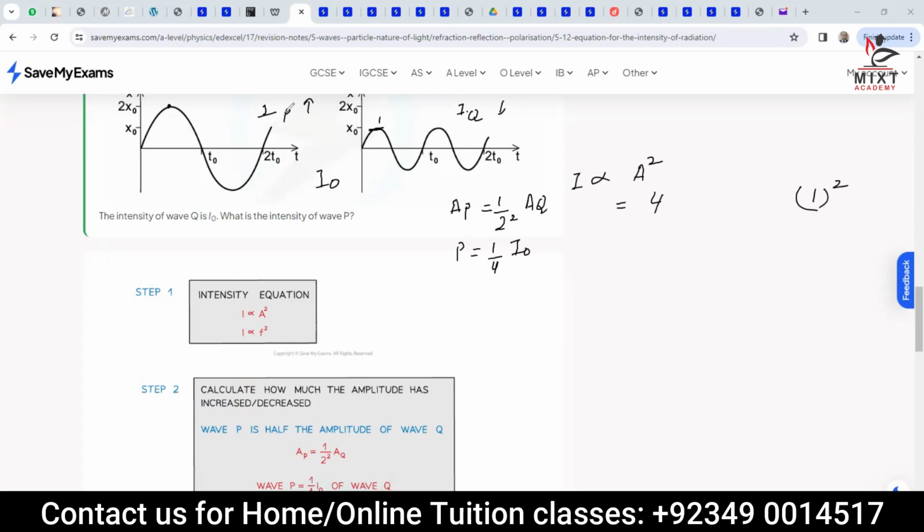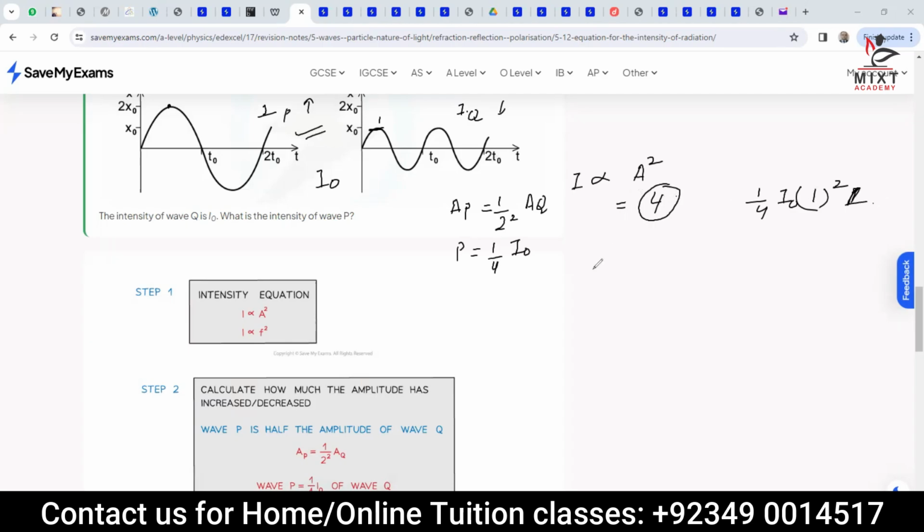IQ value is 1 upon 4 times IP, because this formula is saying that amplitude square comes as 4, while when you put 1 here, the amplitude square comes as 1. It means that intensity in case of this one is 4, and in this one it's 1. So how do I write it?